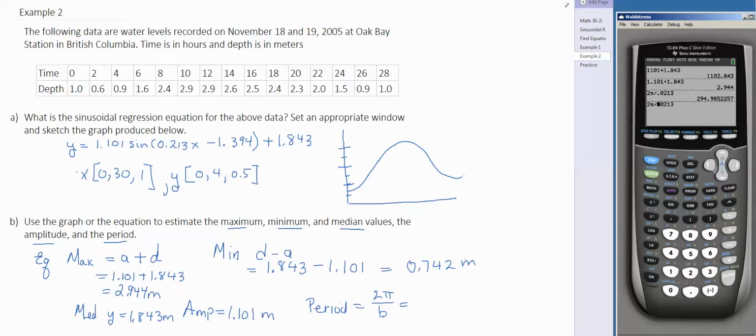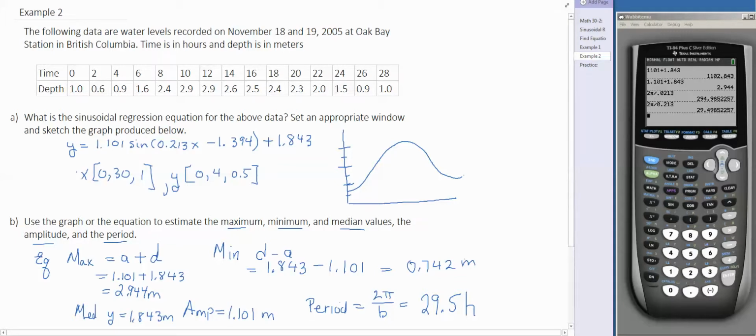It should be 0.213, and that gives us 29.5, and that would be in hours. Okay, so that is from using our equation to calculate this.